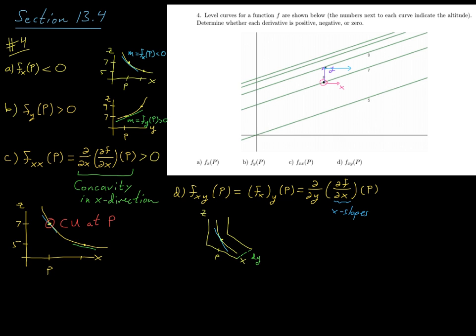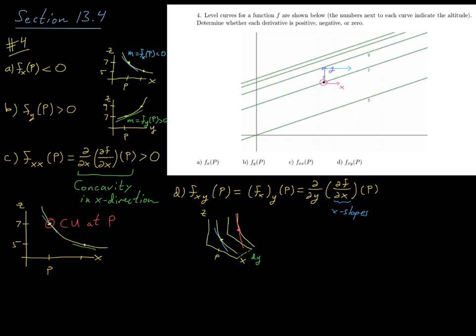As I move in the positive y direction, the spacing is becoming tighter. That indicates that this cross-section would be steeper. Closer spacing, steeper slope. So I get some cross-section that looks maybe like this, and the slope at the corresponding point, say over here, is going to be steeper.